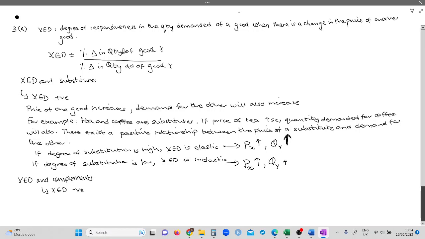Then you explain two goods are complement. The relationship: say if the price of one good increases, demand for the other will fall.